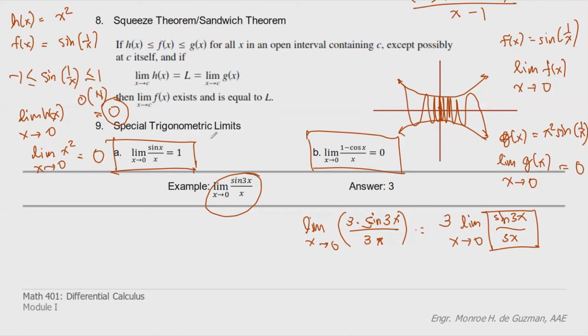The same thing goes for sine 2x over 2x, sine 3x over 3x, sine 4x over 4x. So that is 1. So this technically means that this is 3 times 1, and that goes for our answer, which is equal to 3. So that's how it goes for this example.